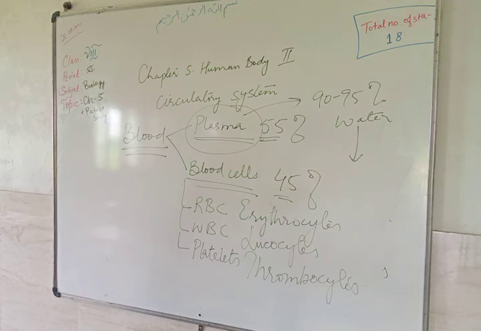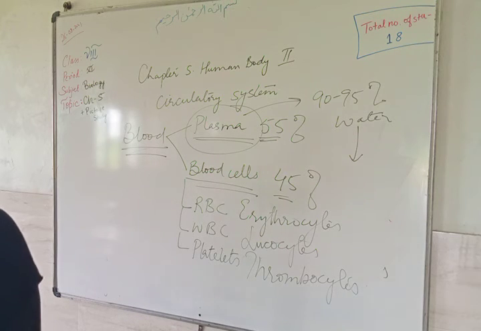You people remember what I taught in 6th class. Corpuscles. Now what are called corpuscles? The blood cells, all together. Can we still spell corpuscle? C-O-R-P. Which spelling is better?